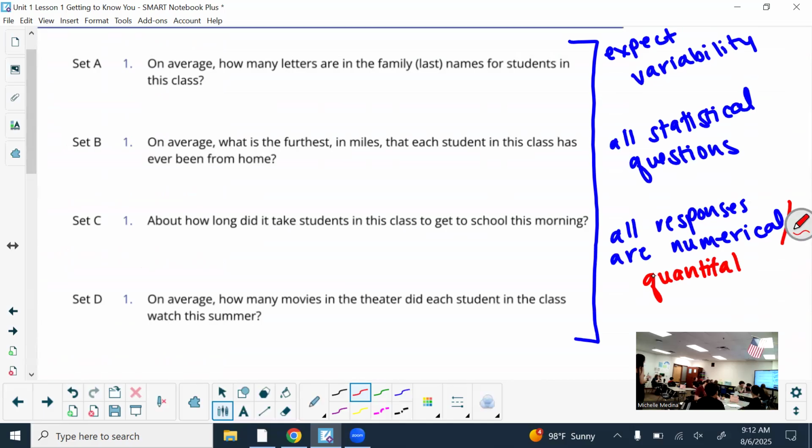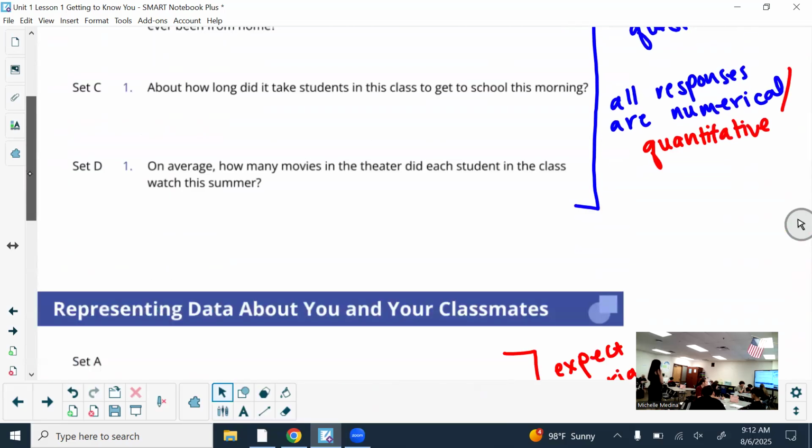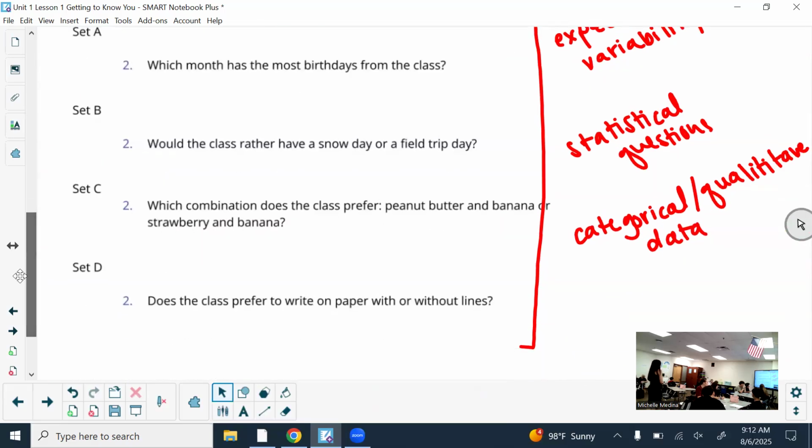So that when you see that on a quiz, those words sound the same, but they're not. Quantitative, like quantities. Qualitative, like qualities, would be your question 2. Questions on what I just said? So numerical versus categorical or qualitative.